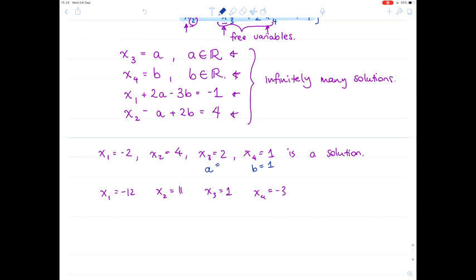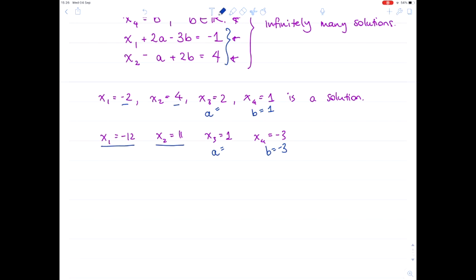And then if you plug those values for a and b into our 2 equations here, you get x1 is equal to minus 2 and x2 is equal to 4. On the other hand, if you were instead to pick that a is equal to 1 and b is equal to minus 3, then you end up with x1 equals minus 12 and x2 is equal to 11. And so for any particular values of a and b that you pick, you get different values for x1 and x2.